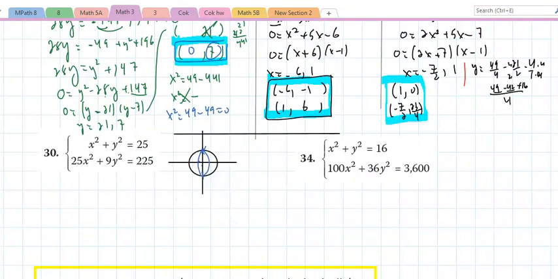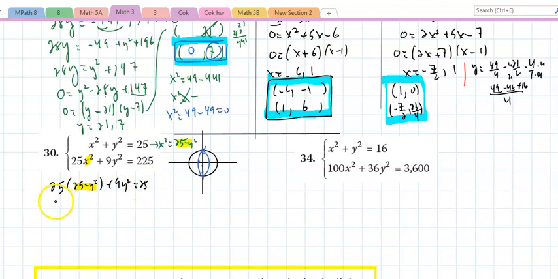We're going to do this algebraically, and what does that mean? That means we're going to solve for one of those. Let's solve for x squared equals 25 minus y squared. Substitute that in for this x. We're looking at 25 times 25 minus y squared. This is not bad to solve, and that's my substitution.